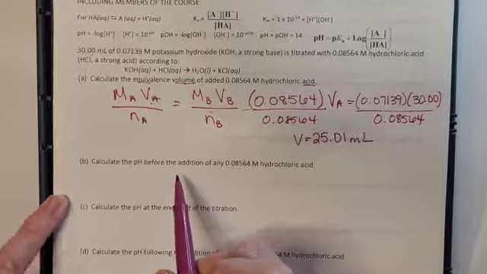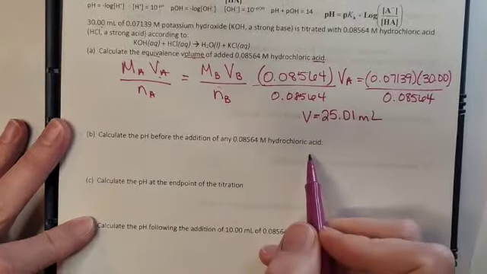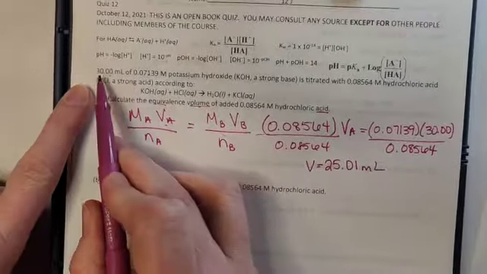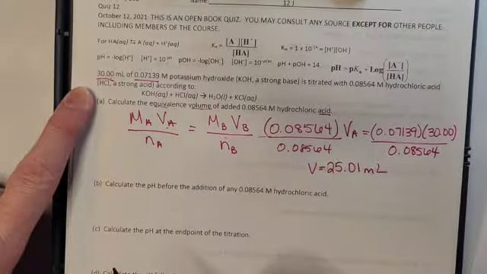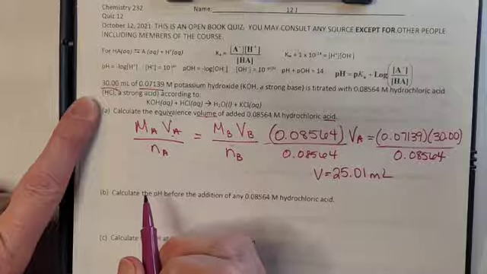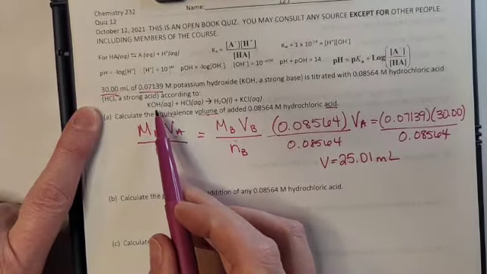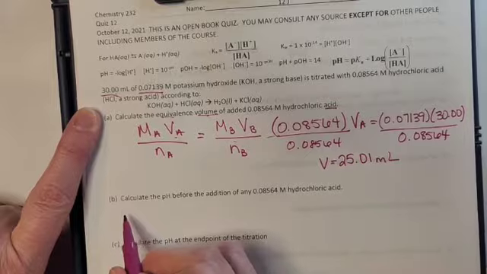So now it's going to ask us, part B, what is the pH before the addition of any acid? So this is asking us what the pH of this amount of this molarity of potassium hydroxide is. And that's really easy, because if you remember, potassium hydroxide dissociates into OH negative and potassium.